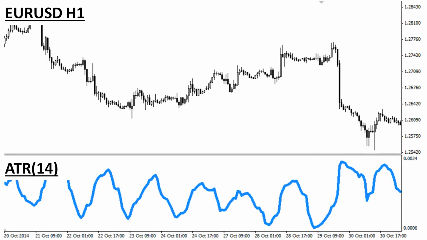That means that every single element in the average true range represents the smoothed out true range of the past 14 bars, and that's how it's been changing, and that tells you of the market volatility. So right now you can see on the right, the true range is somewhere about average, meaning the market is not in its most volatile time. And you can use that in your trading.